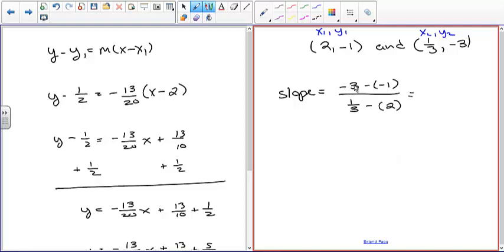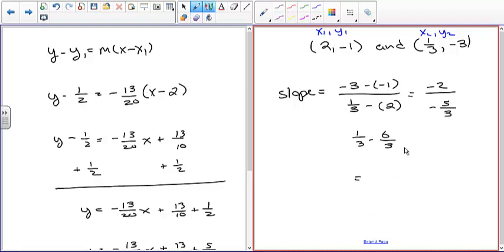So this is negative 3 plus 1, which is negative 2, and in the denominator we have 1/3 minus 2, so that's 1/3 minus 6/3. So I've changed 2 into 6/3. 1 minus 6 is negative 5, so you get negative 5/3.